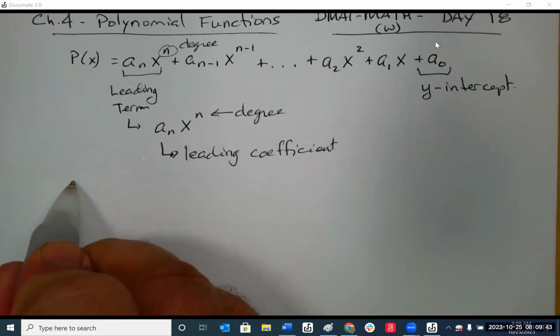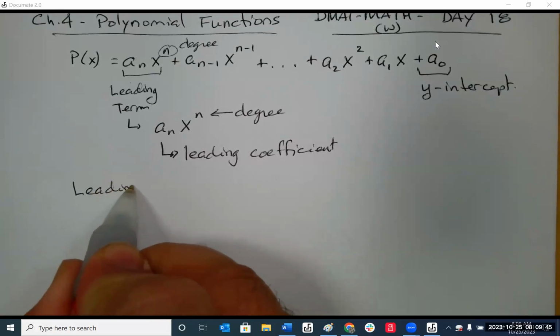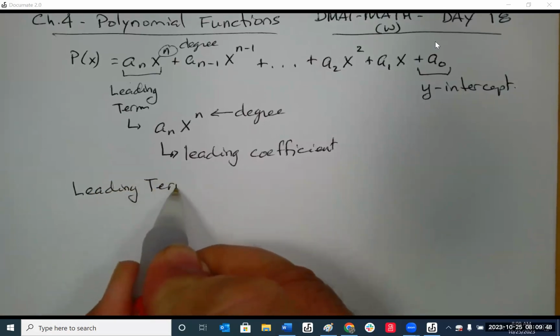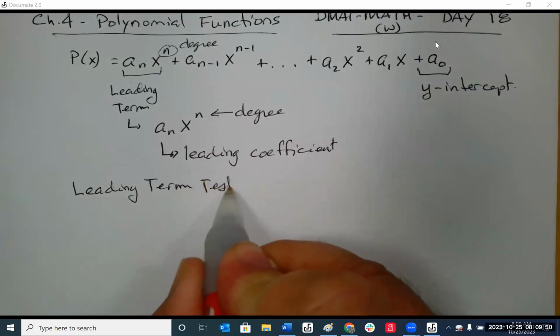We discussed last time also something called the leading term test.